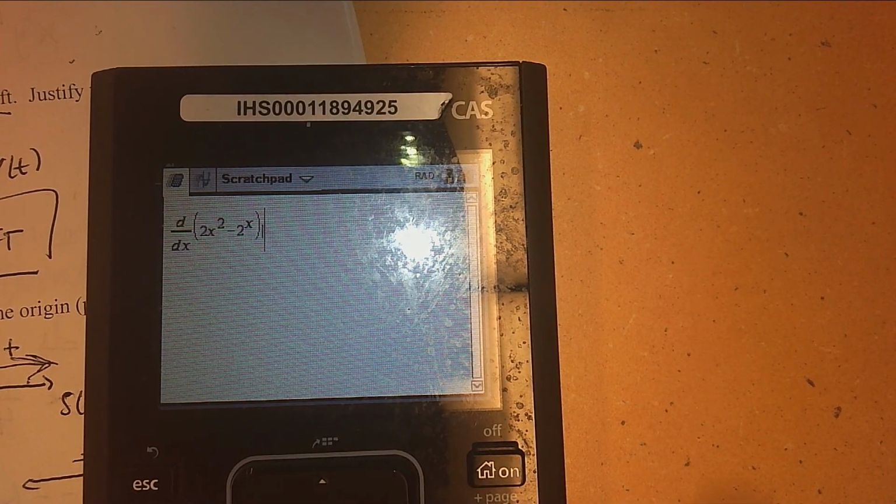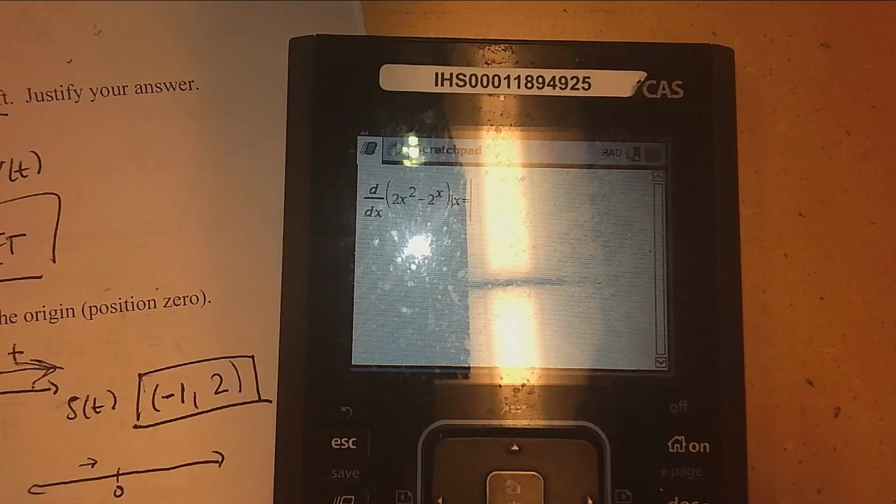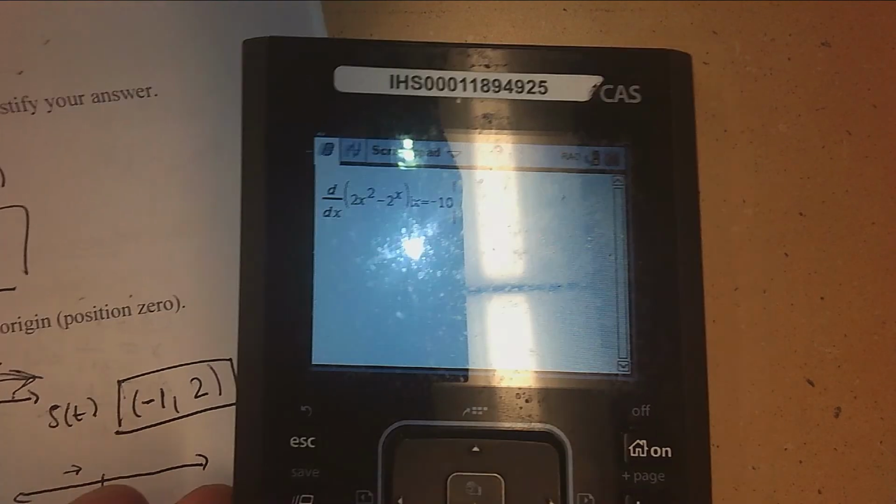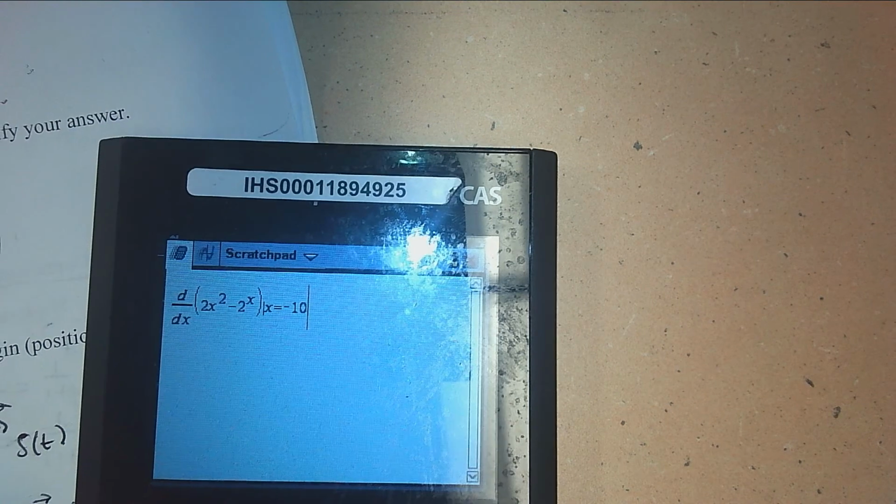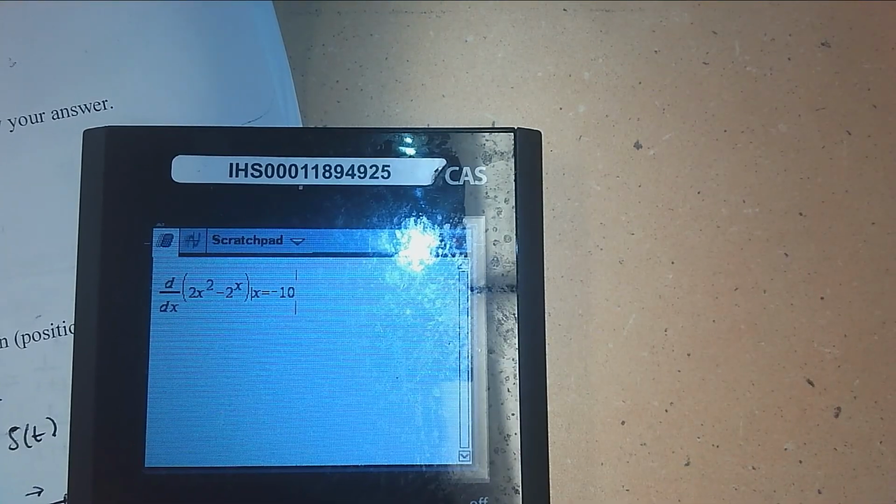And then we're going to type in what we want to evaluate. Well, we want to evaluate when x equals -10. For me to do that, the bottom of the calculator has the whole alphabet. So you just press X from the bottom. Then you press the equal sign, and then -10.